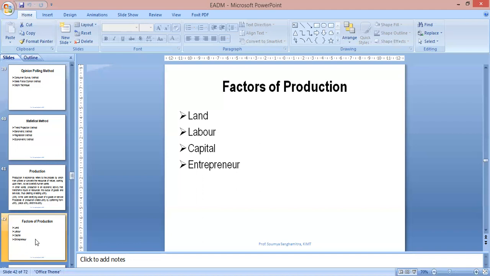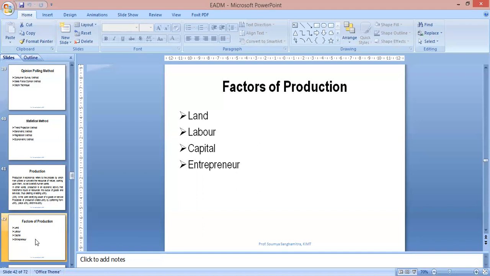This definition distinguishes capital from both land and labor because both the land and labor are not produce factor. They are primary or original factor of production, whereas capital is not a original factor of production. It has been produced by man by working with nature. Therefore, capital may be well defined as man-made instrument of production.